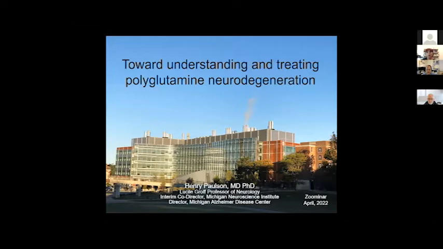He also co-directs the University of Michigan Protein Folding Disease Initiative, which has been really great in uniting all the scientists within UM to understand protein unfolding and its implications for disease. And he also co-directs the Michigan Neuroscience Institute, also at U of M.